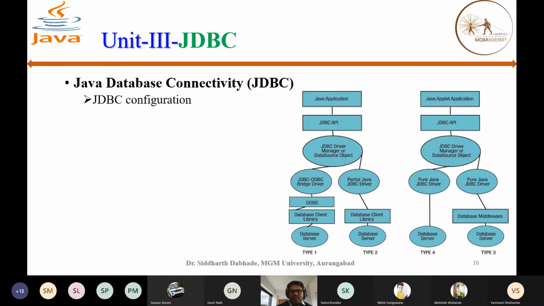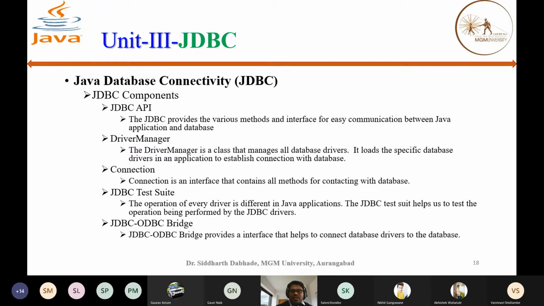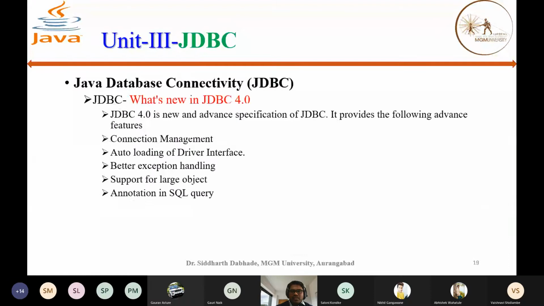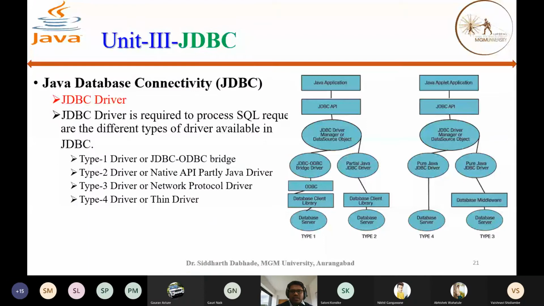And already we have discussed the types of drivers. Okay, so we have seen in the previous lecture type 1, type 2, type 3 and type 4. And also we have seen the basic properties of type 1, type 2, type 3 and type 4. Okay, so here the type 1 driver is nothing but the JDBC ODBC bridge.